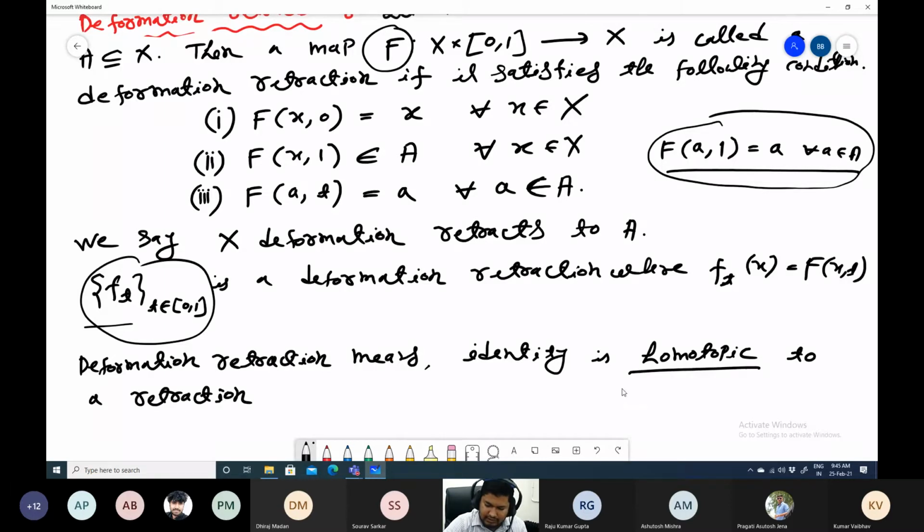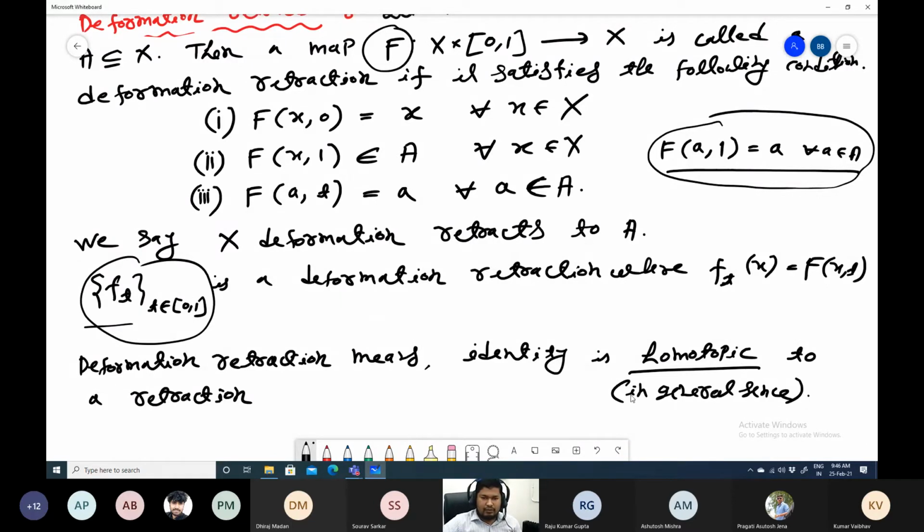And homotopic means in some general sense. It is not path homotopic, it is a different kind of homotopic. We will define it later, because we do not need it now.